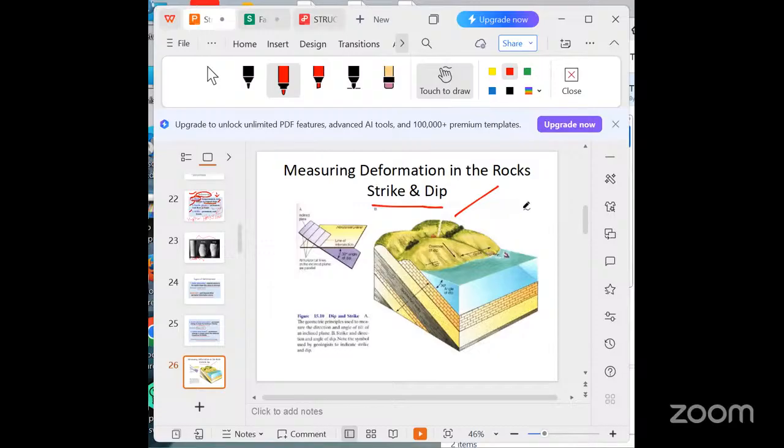The physical elements are real and visible, and their shape, size, and orientations can be measured. The geometric elements, on the other hand, are imaginary lines and surfaces which are invisible, but they can be identified in the field, right?